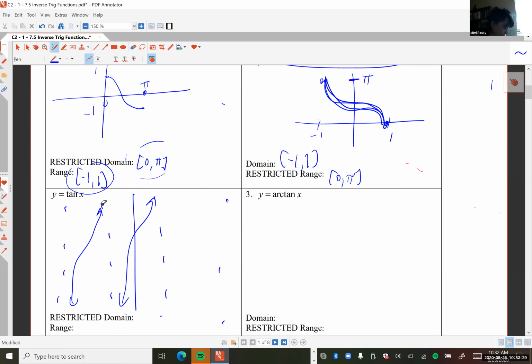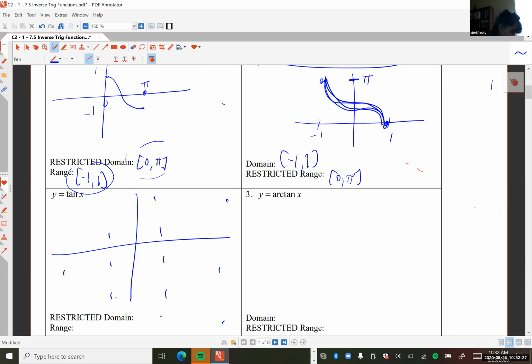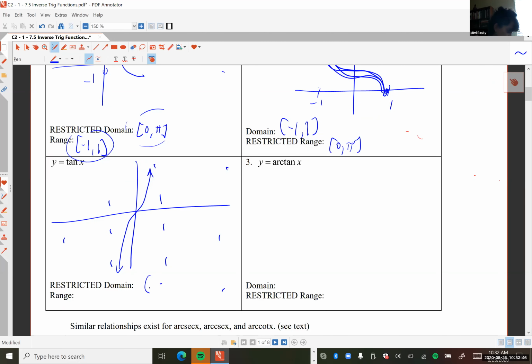So we're going to chop him so that he only has one of these branches, and we restrict his domain to parentheses, not brackets, because at negative pi halves and positive pi halves, tangent is undefined. So these are parentheses, and the range is negative infinity to positive infinity.